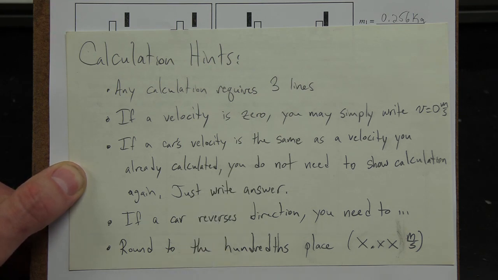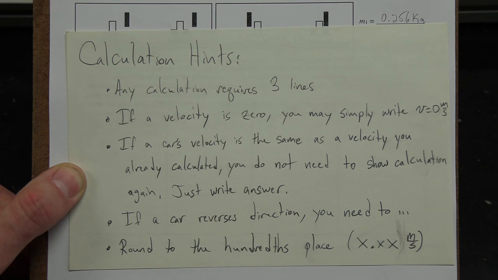Again, I'm not saying that any car has the same velocity as another one, but if that were to happen, just write the answer. And then, if a car reverses direction, I left it for you to decide how to factor that in, because remember, momentum depends on velocity. Both of them are vectors, which means direction matters. So if something happened to reverse direction, you have to factor that in mathematically somehow.